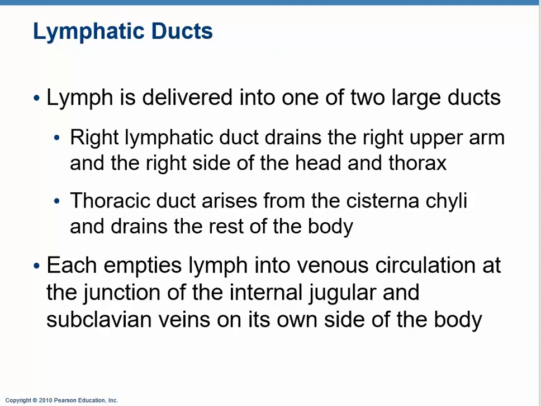The thoracic duct starts way down in your abdomen at a place called the cisterna chyli. And it drains both lumbars, the intestinal, the left jugular, the left subclavian, and the left bronchiomediastinal.